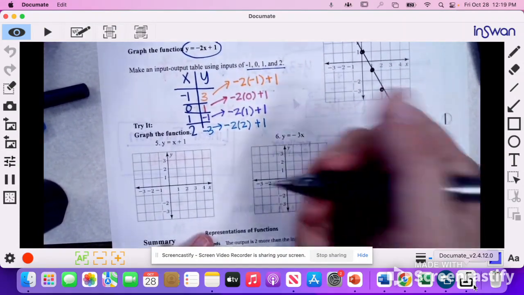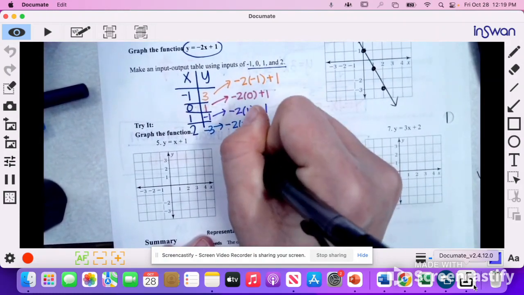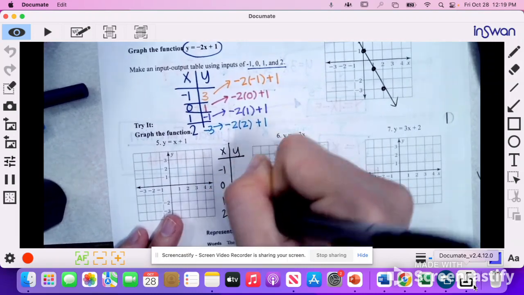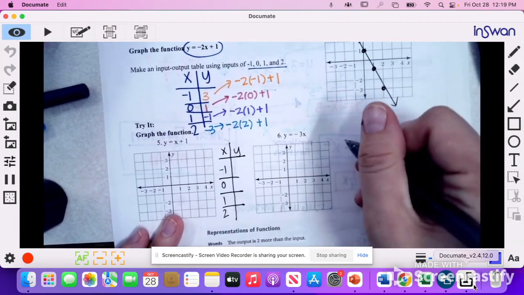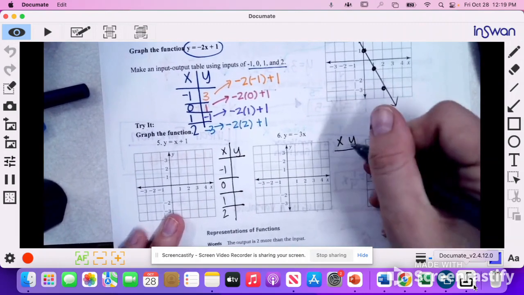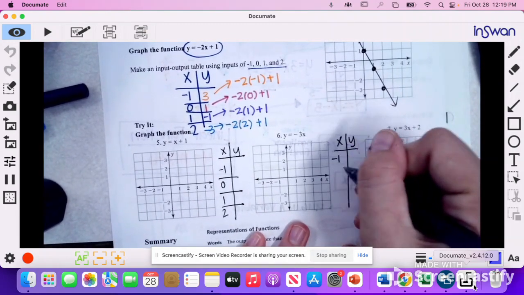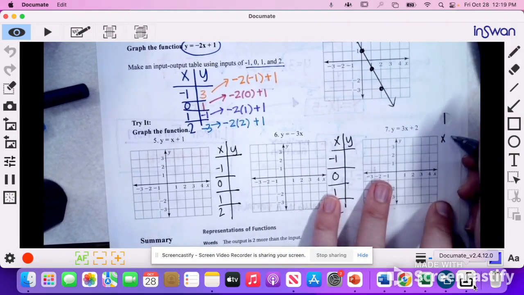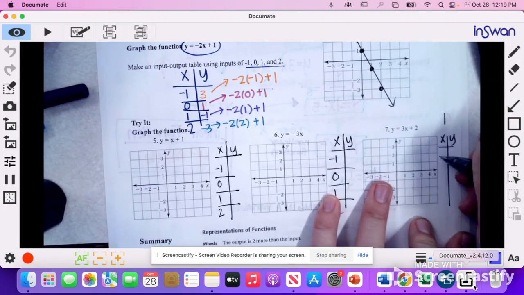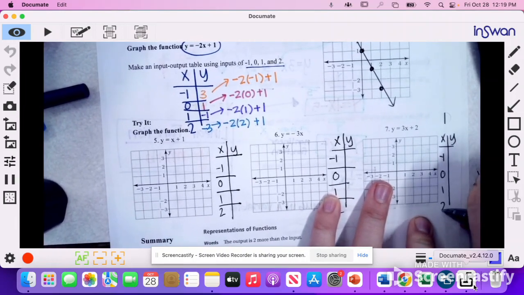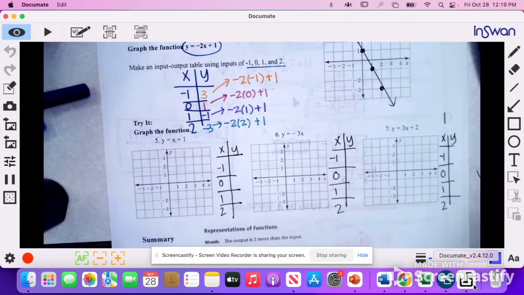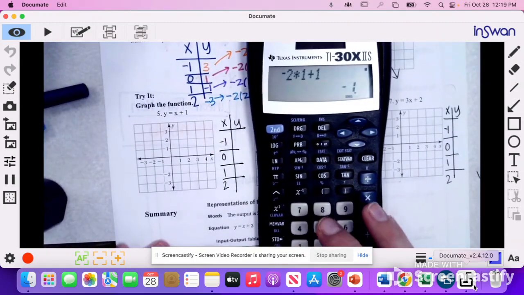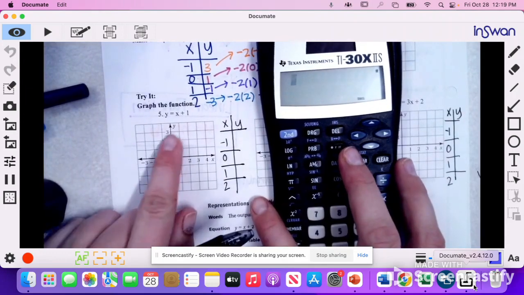So for the next 3, like I said, this isn't new. You're going to take negative 1, 0, 1, and 2, plug those in. I'll get started on the first one with you. Okay. So I'm going to plug in exactly what I see.